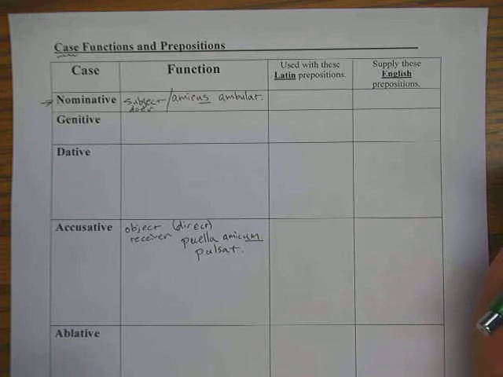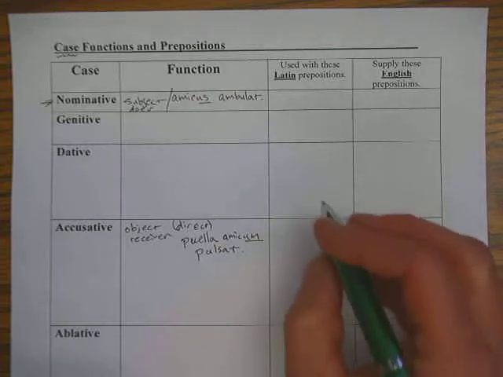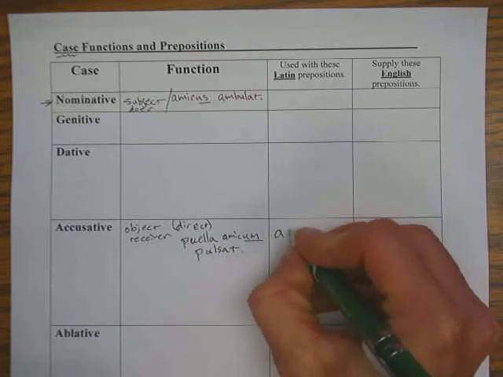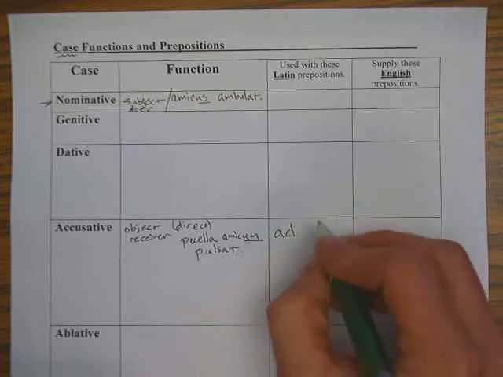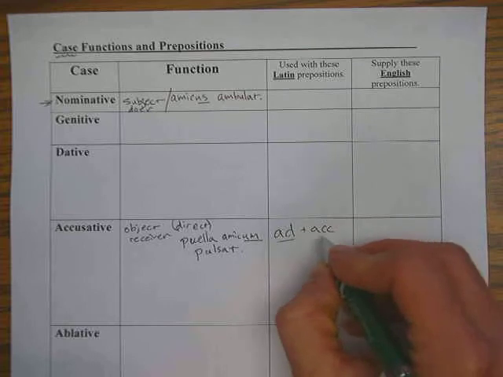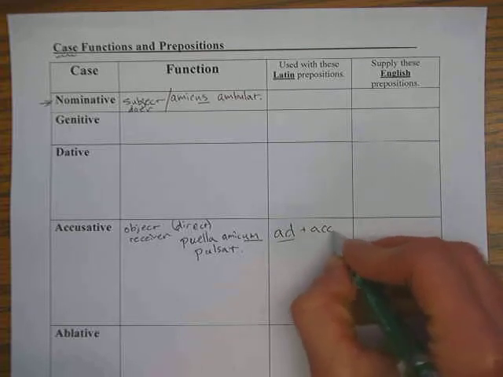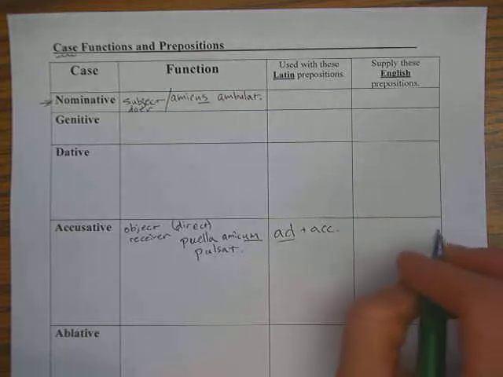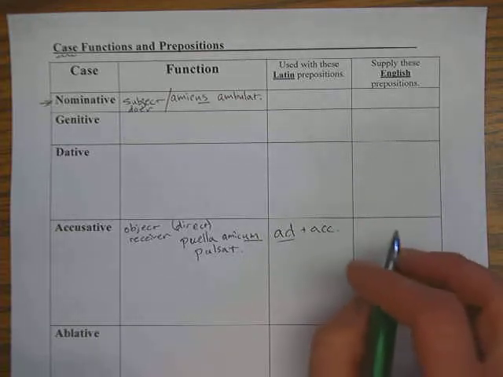Now, the accusative can be used in other ways as well. The accusative is used with a lot of prepositions in Latin. Some of these prepositions in particular are ad. Ad means to. When you use ad, you always use the accusative case.